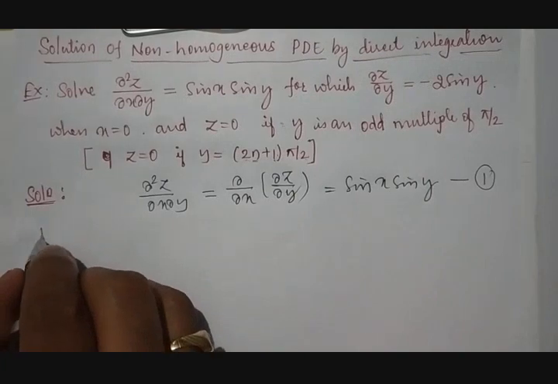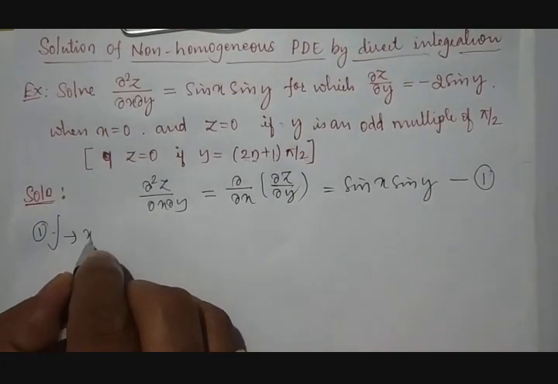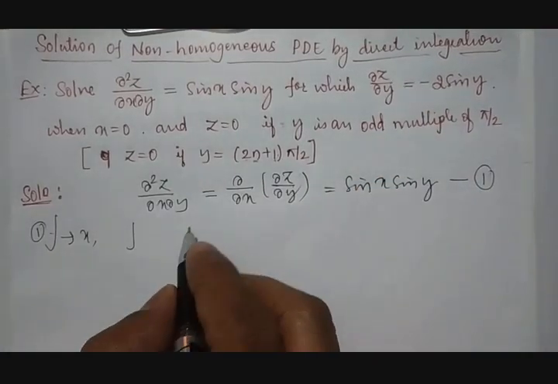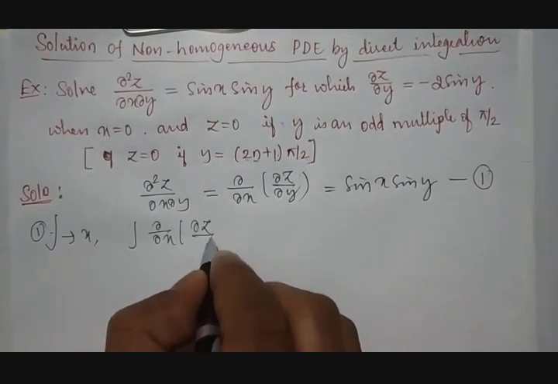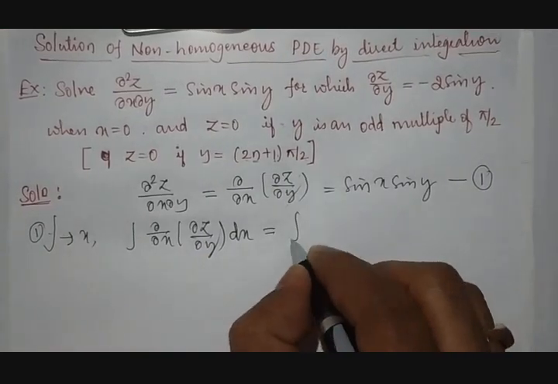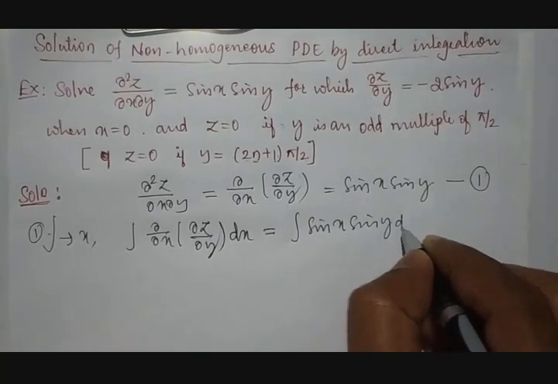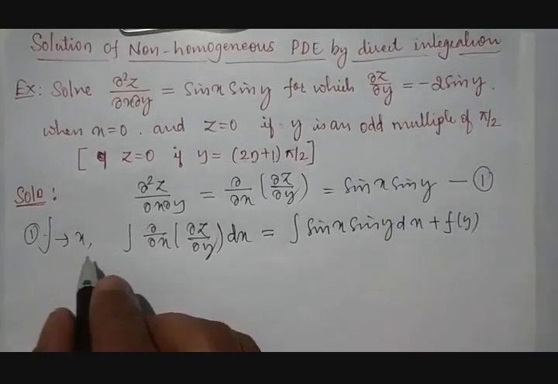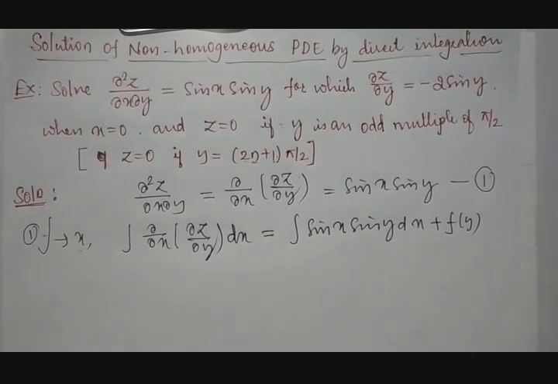Then let us integrate equation 1 with respect to x first, because we need ∂z/∂y. Therefore, the integration of ∂/∂x (∂z/∂y) with respect to x is equal to the integration of sin x sin y with respect to x plus f(y), a constant, because we are integrating with respect to x, so f(y) will be a constant here.